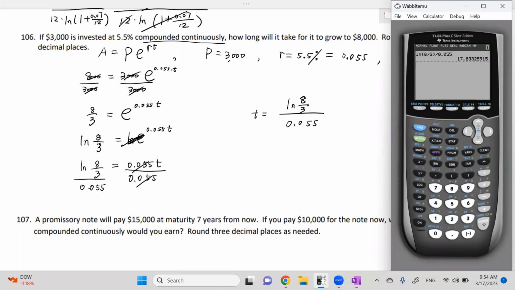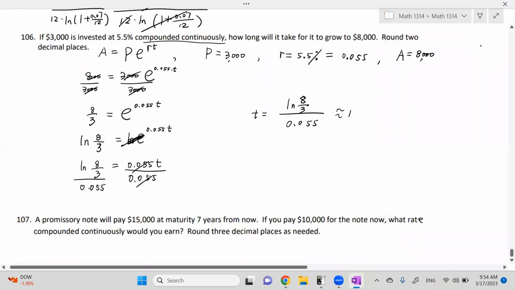The question asks us to round to 2 decimal places. So we have 17.83, because after the 3 is another 3. 3 is less than 5, so we ignore the digits after it. We put 17.83. And also this is in years.